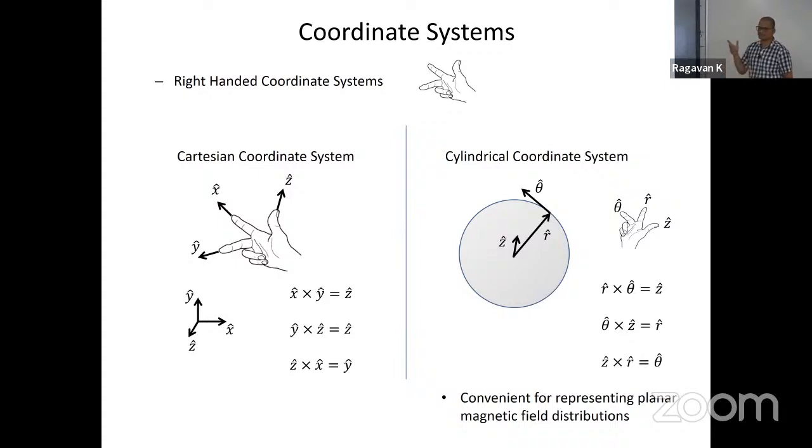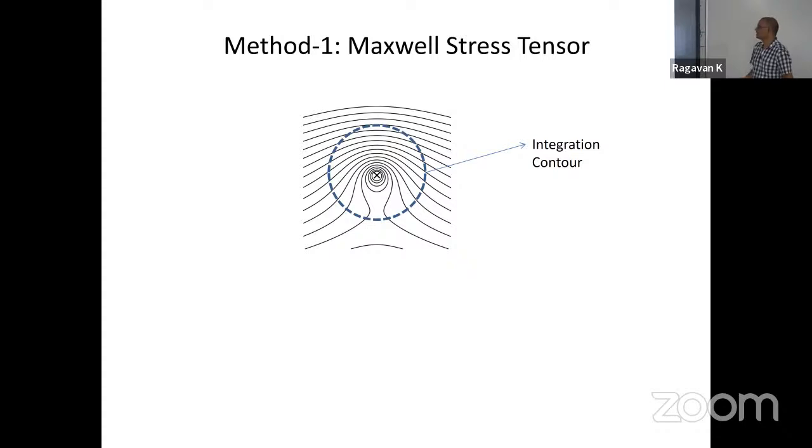That means the vectors in this coordinate system can be shown using three fingers of the right hand. The r cross theta is z hat. This is very convenient if you have planar magnetic field distributions aligned to radial and tangential, with radial and tangential components in your field distribution.